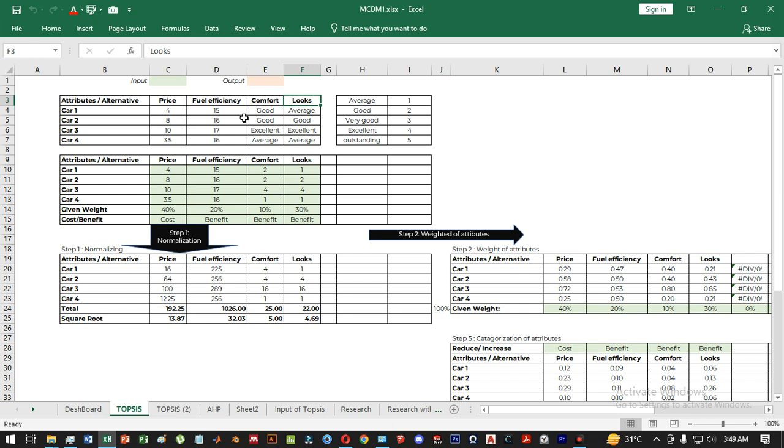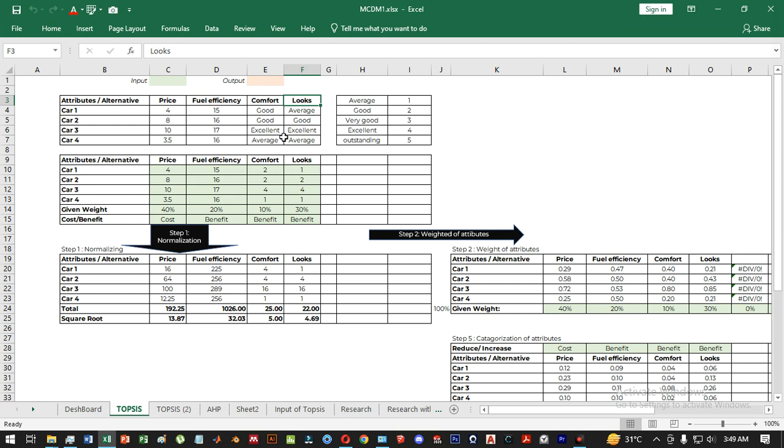If you notice here, the comfort is in a linguistic way, which is good, excellent, average, and so on. And we have to convert this linguistic way into a quantitative way.